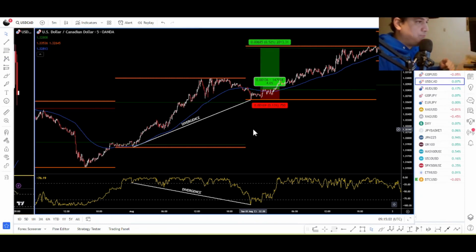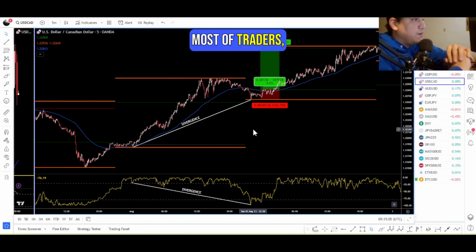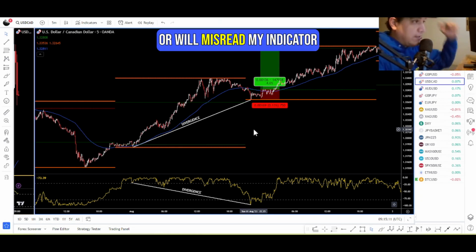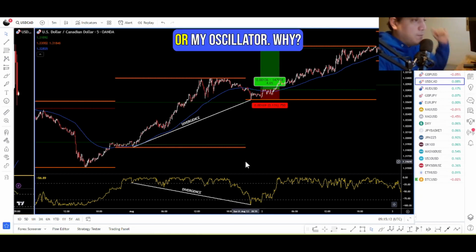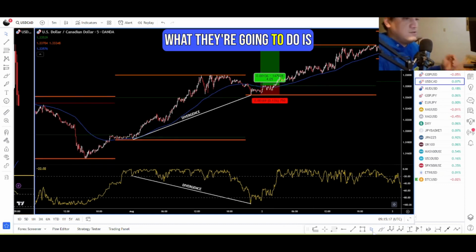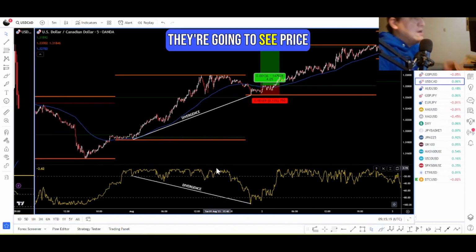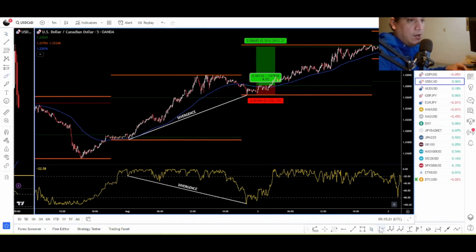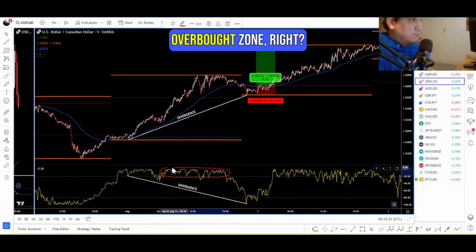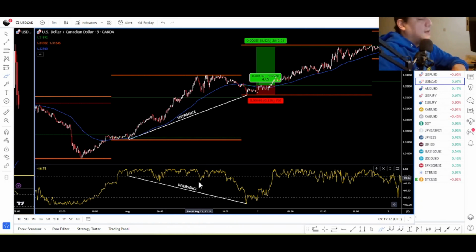For example, most traders out there misread or will misread my indicator or my oscillator. Why? Because most traders are going to see price being, let's call it overbought, even though this is not an overbought zone, right?